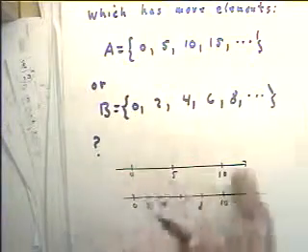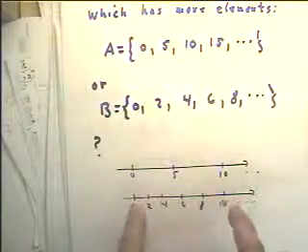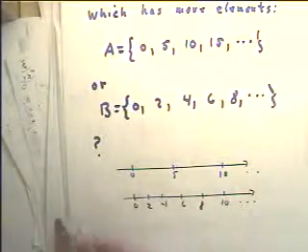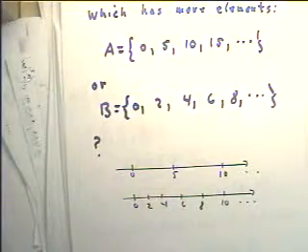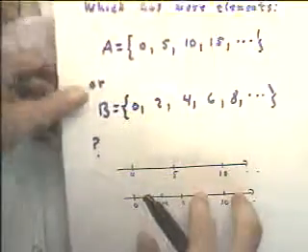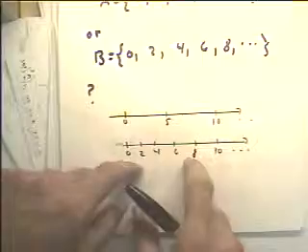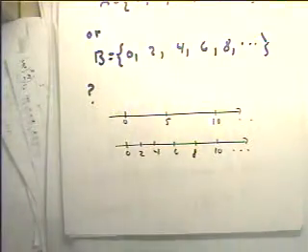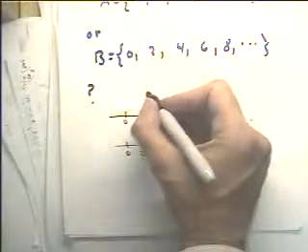It looks like on any segment of the number line, this set is going to have more elements than this set. And in that case, you would want to say that there are more in this set than there are in this set. There certainly are more on any segment of the number line.